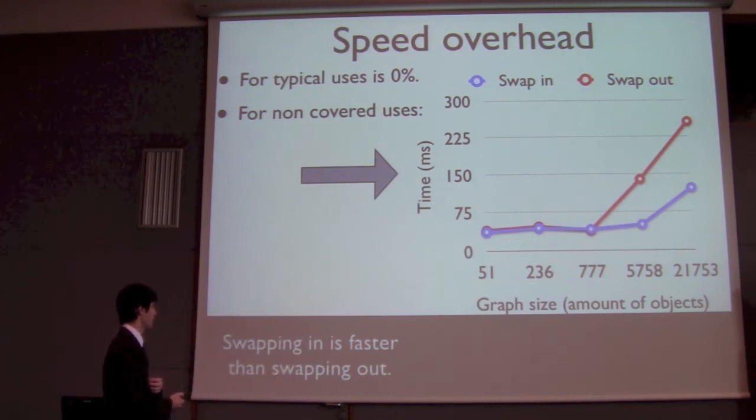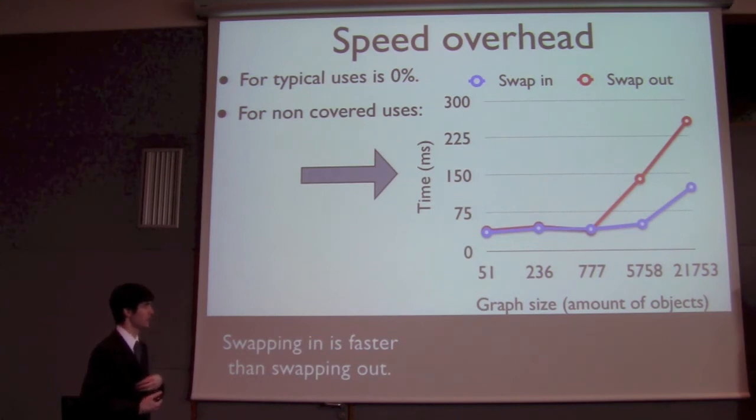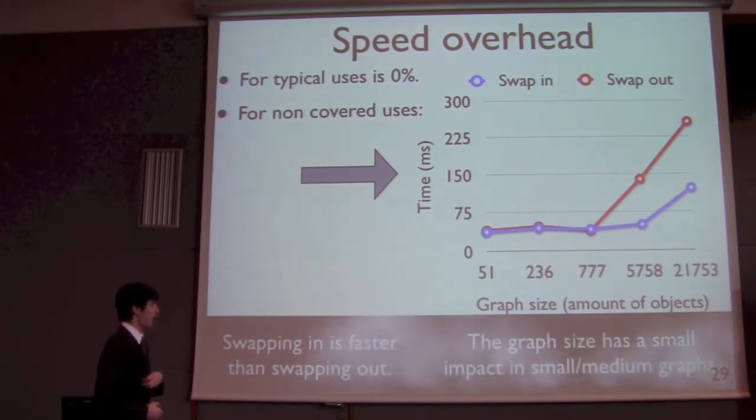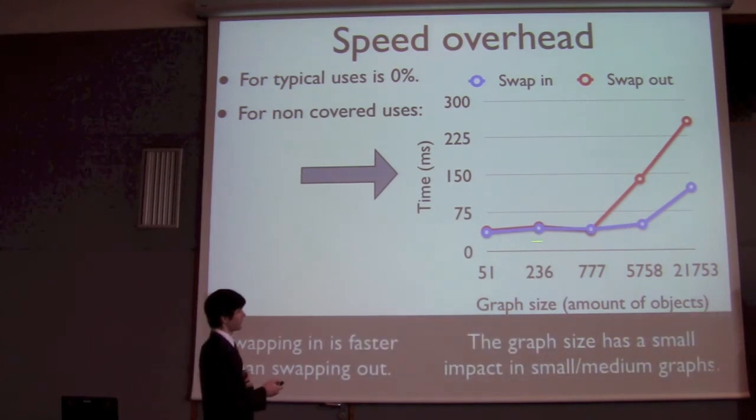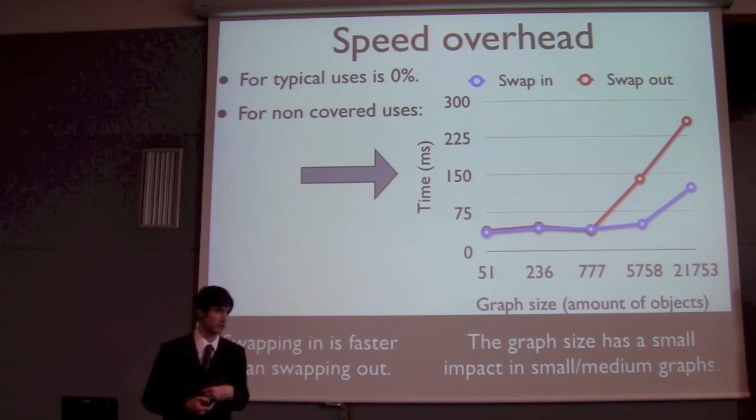And another conclusion is that the serializer that we use is faster to materialize than to serialize. And the second is that the graph size has a small impact on the overall performance. There starts to be a difference around object graphs of 5,000 objects.